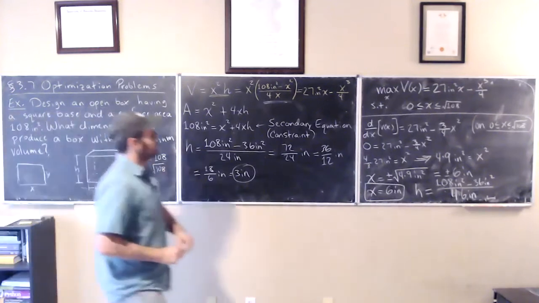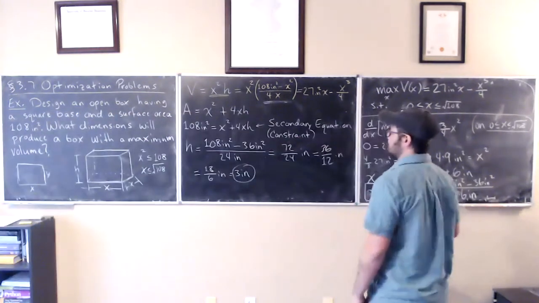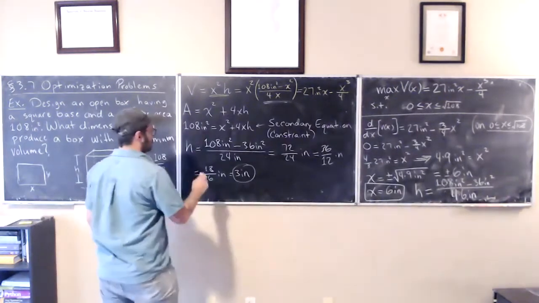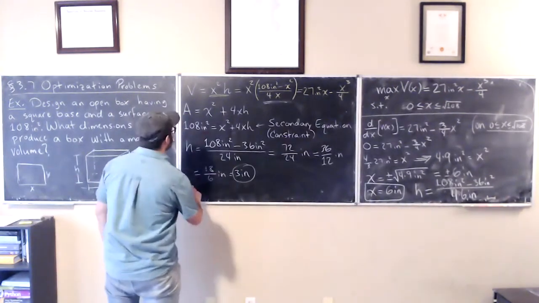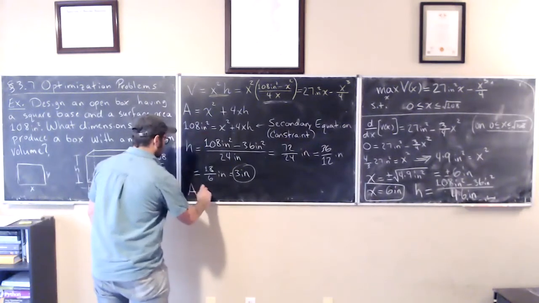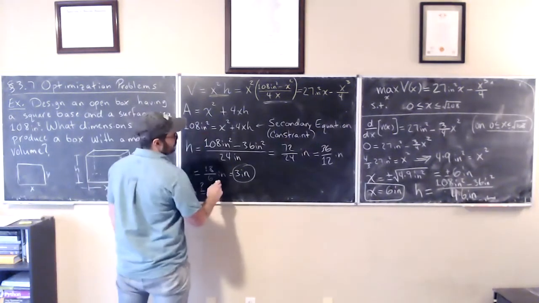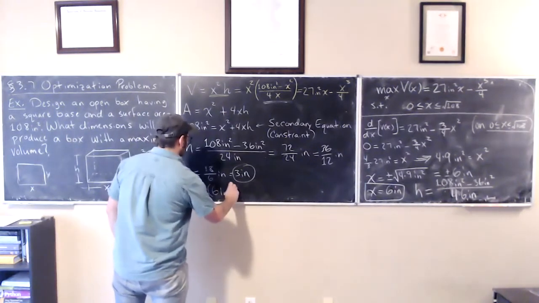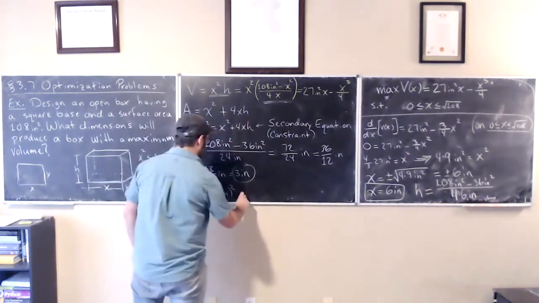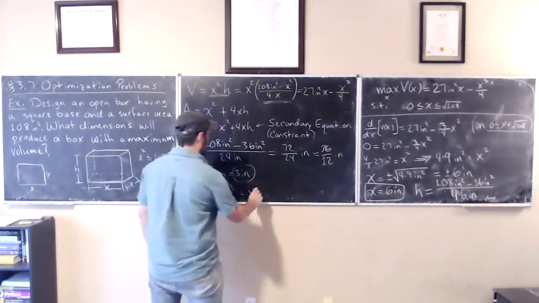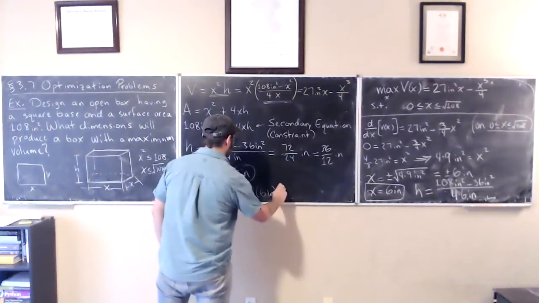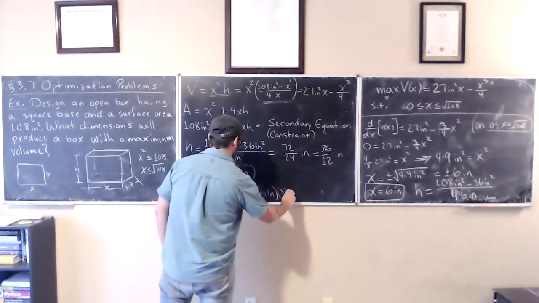So does everything work out? Let's check to see that our area is satisfied. So we're asking the question, does area equal 6 inches squared plus 4 times 6 inches times 3 inches?